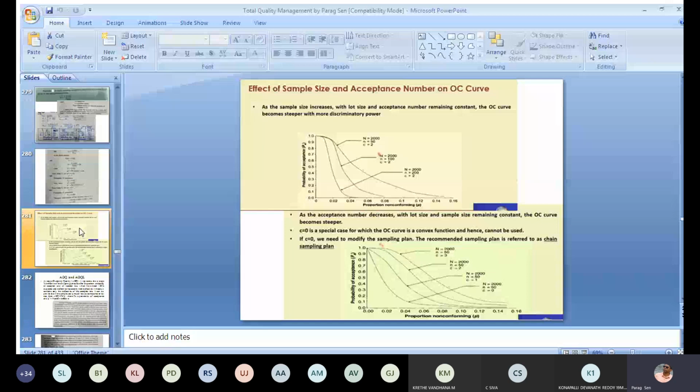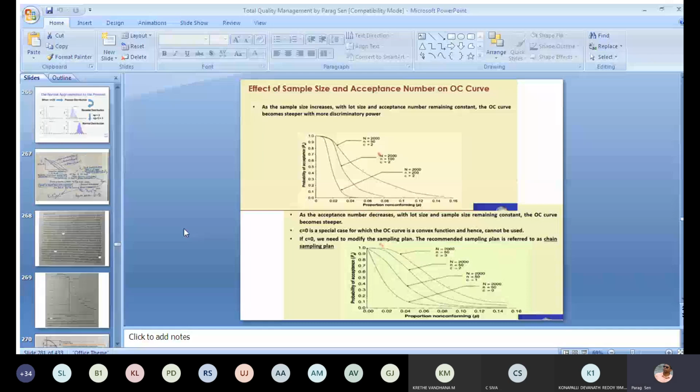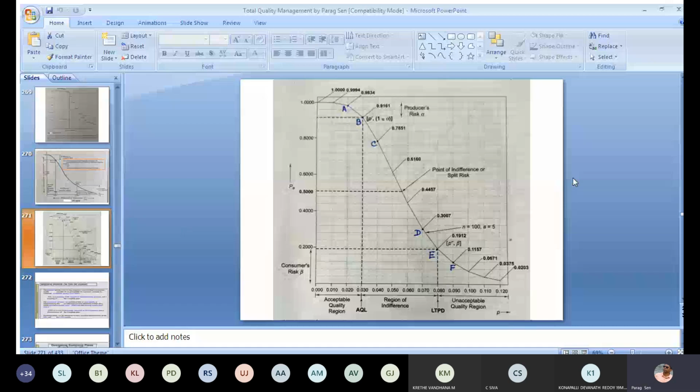So now we will focus on producer's risk, consumer's risk, AOQ, acceptable quality level, AQL, acceptable quality limit, and also LTPD, which is known as lot tolerance percent defective. So let's start.